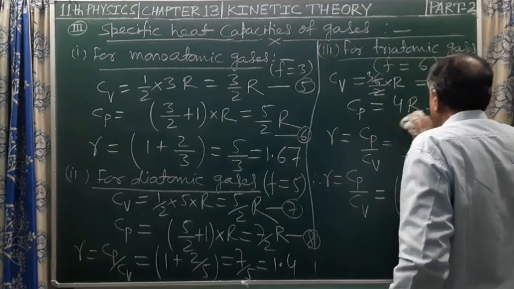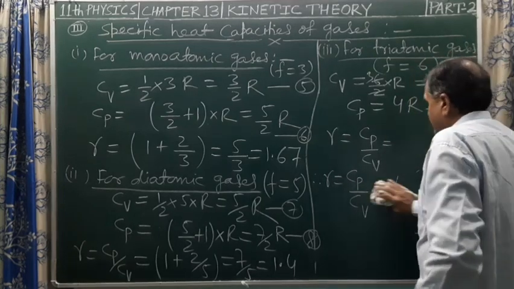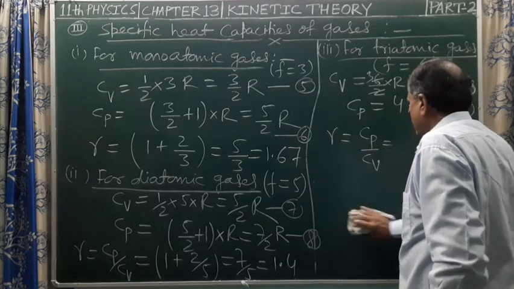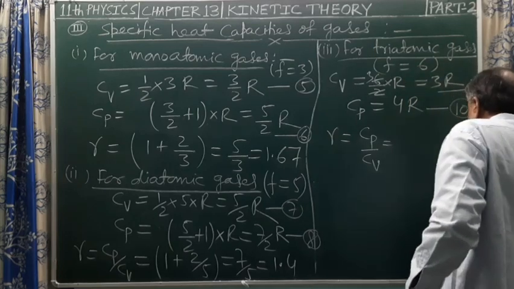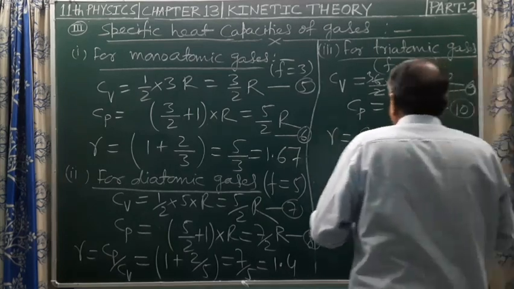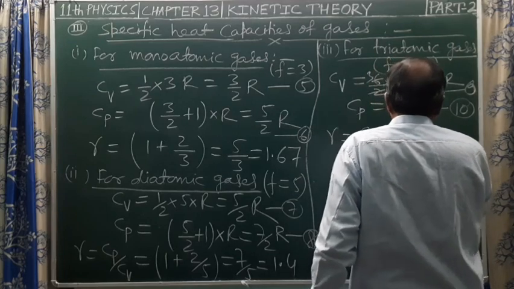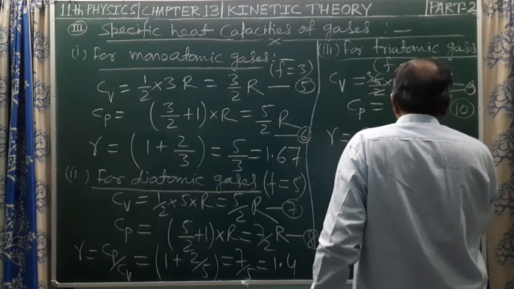Therefore gamma, the ratio of specific heat capacities of a triatomic gas, is equal to Cp upon Cv. Cp is 4R upon Cv is 3R.